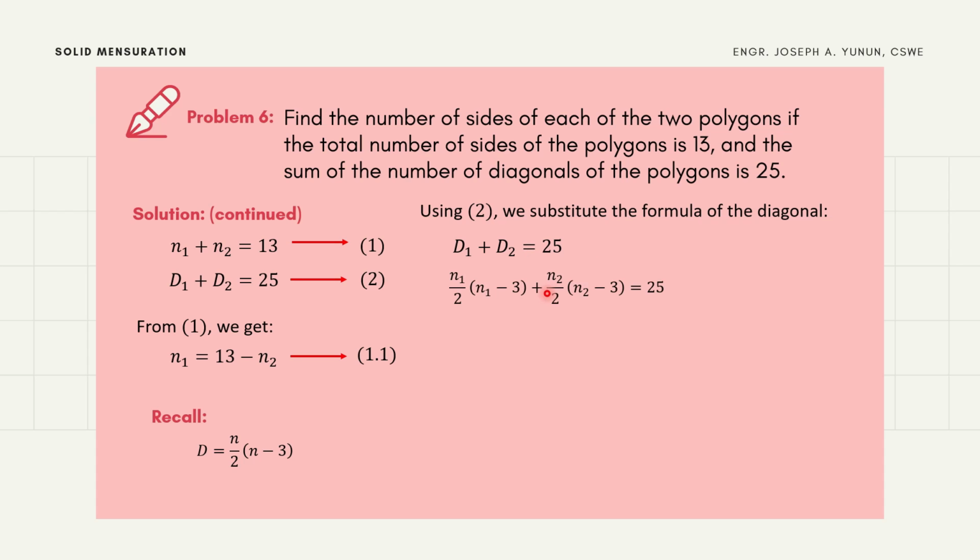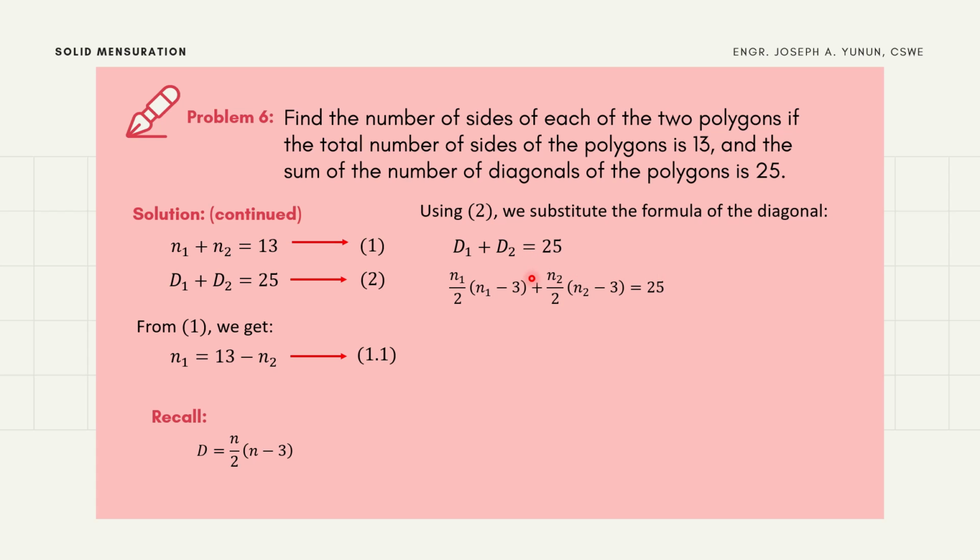So let's have a substitution. This gives us n1 all over 2, then n1 minus 3 for D1, plus D2, so n2 all over 2, then n2 minus 3, which is equivalent to 25. So hopefully that gives us a clear view now.